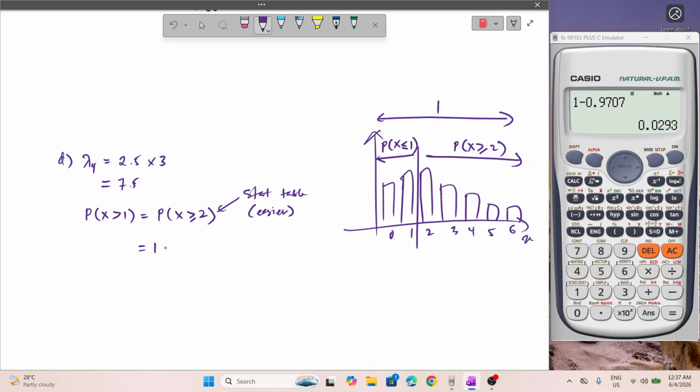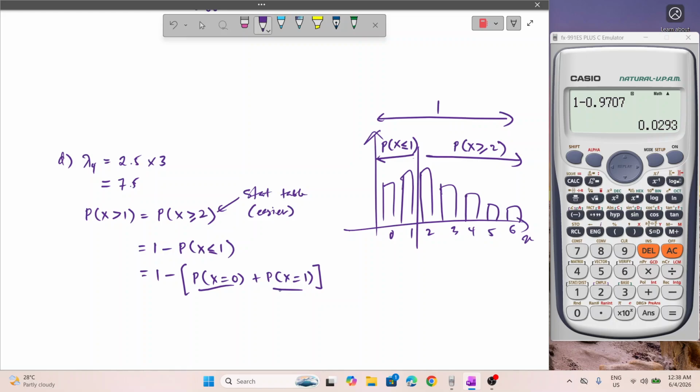So this is actually 1 minus probability of x less than or equal to 1, or you can rewrite it as probability of x equal to 0 plus probability of x equal to 1. You have to calculate this manually, and then you will get the answer.